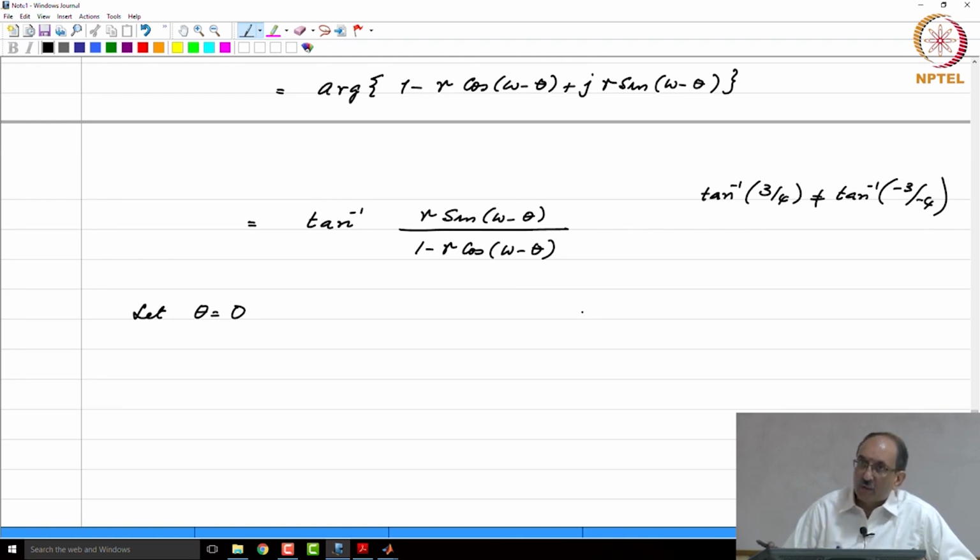Similar to the geometric interpretation of the magnitude of a minus b, where a and b are complex numbers, that interpretation is the length of the vector joining these 2 points. Similarly, the geometric interpretation of the angle of a minus b is basically the angle of the vector joining these 2 points.